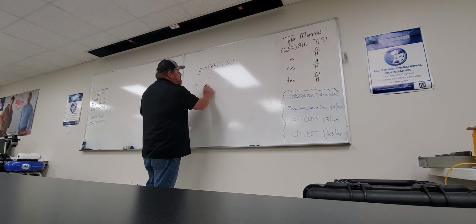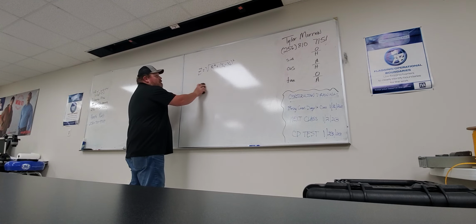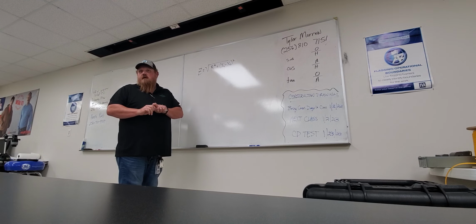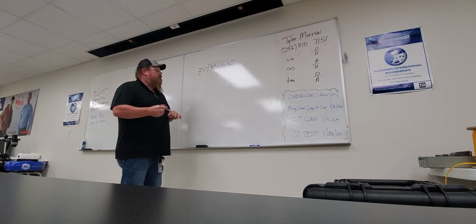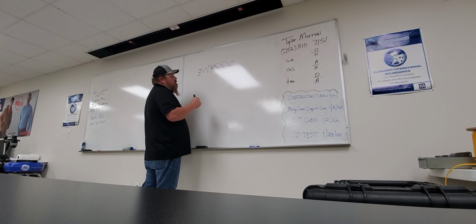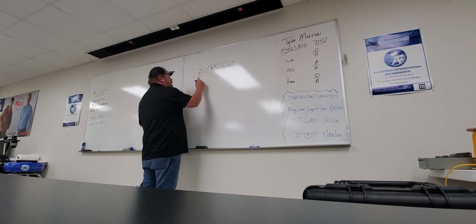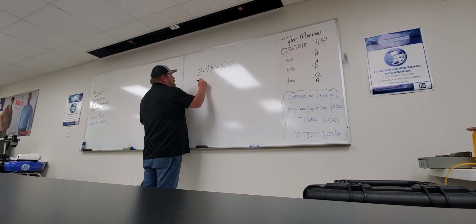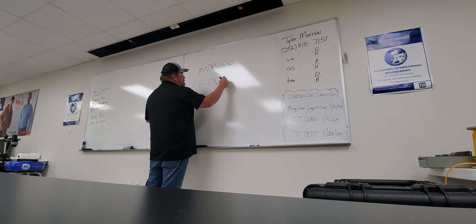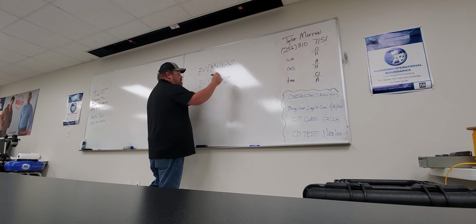But there will be an impedance. The impedance formula just gets a lot easier in a series LC circuit. So we don't have this, right? We're left with Z equals the square root of XL minus XC squared.